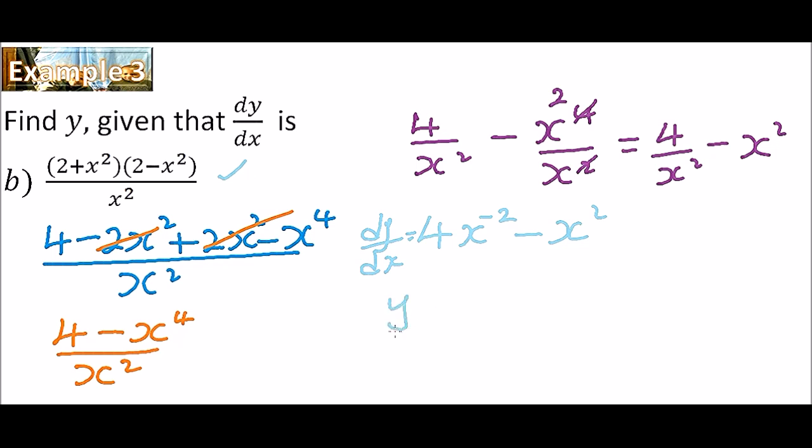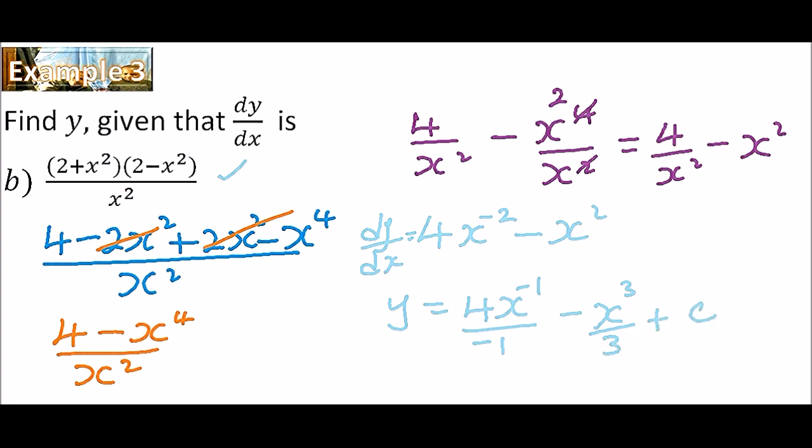Now to get our y, it is equals to 4x to power minus 2 plus 1, you get minus 1, you divide by minus 1, minus x to power 2 plus 1, you get 3, divide by 3 plus c.